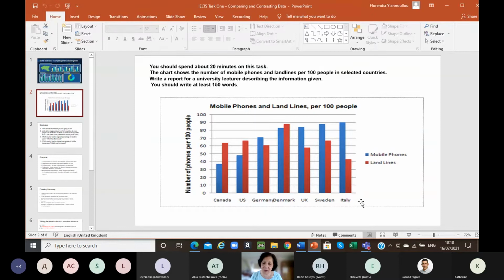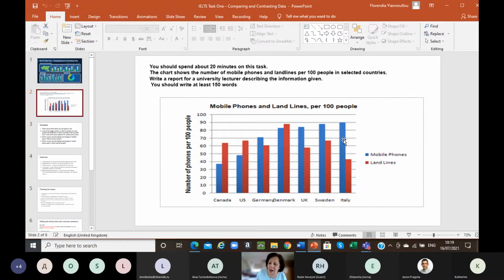But what's an example of a superlative? You could use a superlative with Italy and mobile phones, couldn't you? You said it's higher than the UK. If you say it's the top one, how would you change higher? Higher becomes the highest.